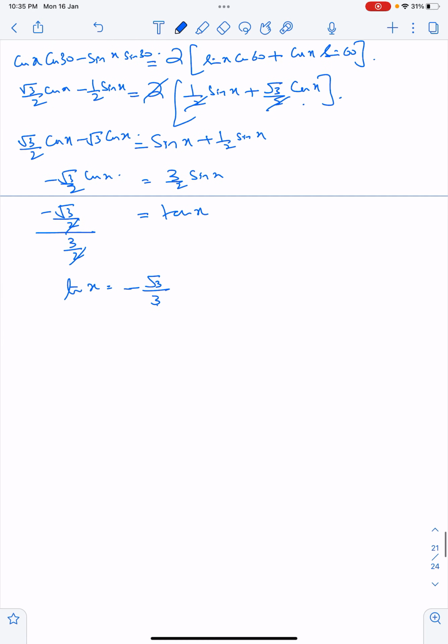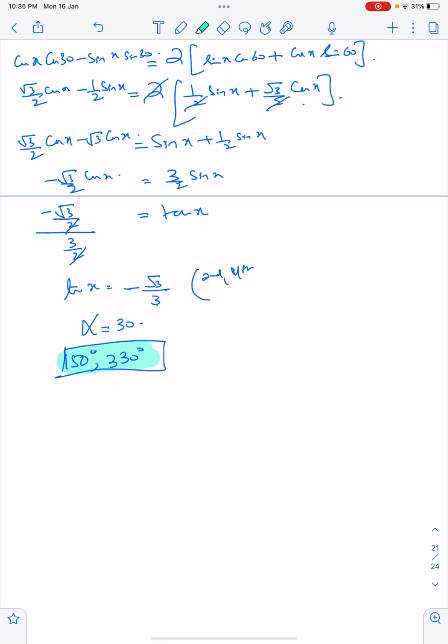This is 30. So you have to look for it in the second and the fourth quadrant. Basic angle is 30, second quadrant will be 150, and fourth quadrant is going to be 330. These are the two answers for the last part of question number 30.